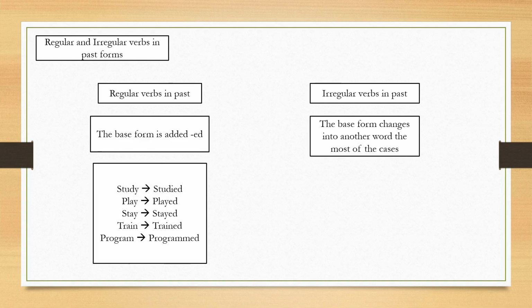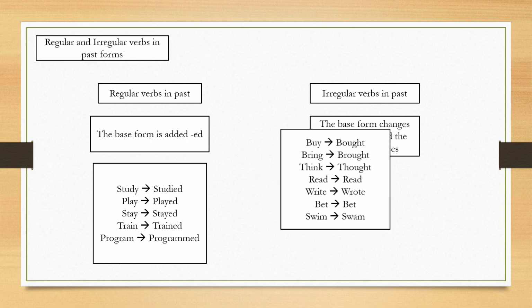We are going to see some examples. For example, study turns to studied, play to played, stay to stayed, train to trained, and program to programmed. As you saw here, the verb is added with an ed to form the simple past verb.